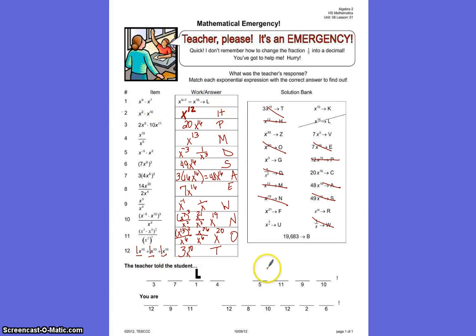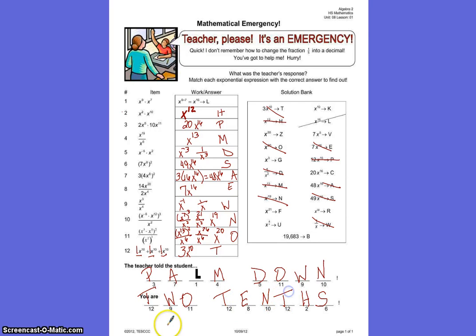Anywhere you see a 2, you put an H. Anywhere you see a 3, you put a P. Anywhere you see a 4, you put an M. Anywhere you see a 5, you're going to put a D. Anywhere you see a 6, you're going to put an S. Anywhere you see a 7, you're going to put an A. Anywhere you see an 8, you're going to put an E. Anywhere you see a 9, you're going to put a W. Anywhere you see a 10, you're going to put an N. Anywhere you see an 11, you put an O. And anywhere you see a 12, you put a T.